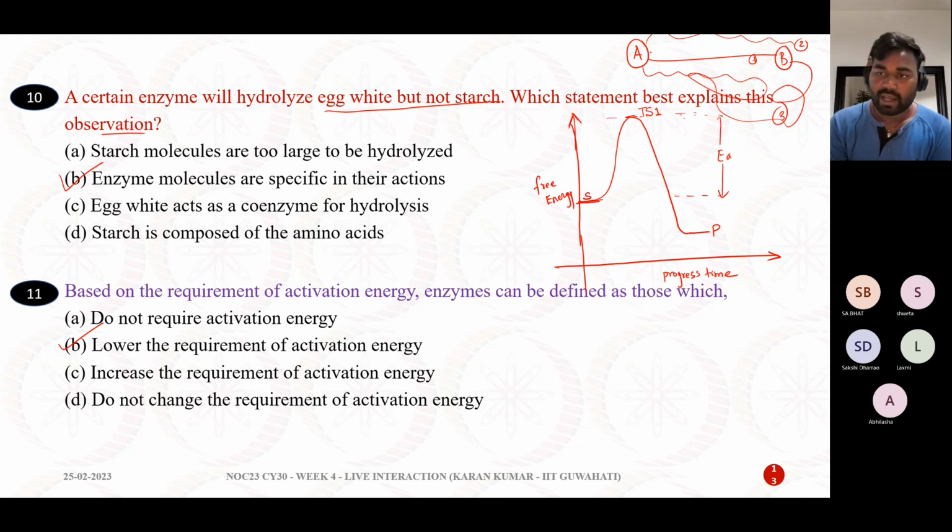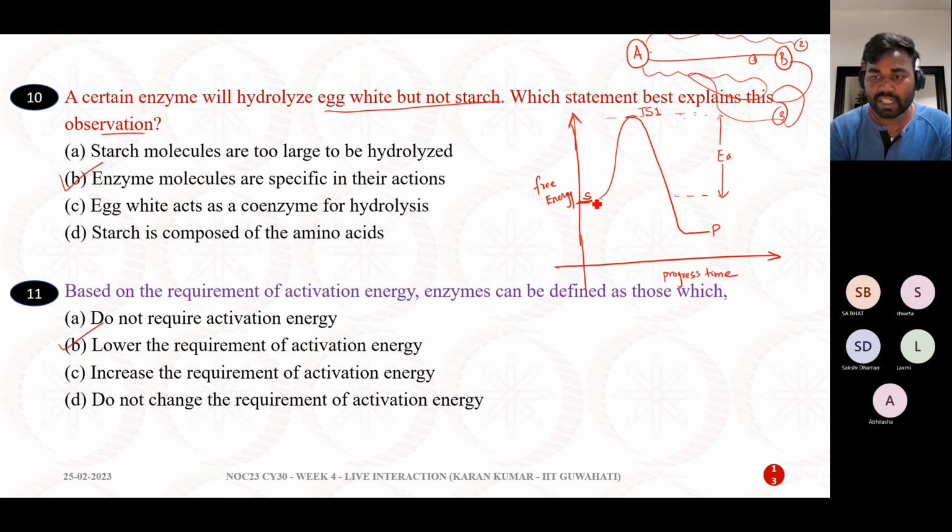Let us assume it has one transition state and goes to the product. Now what will the enzyme do? The enzyme will not change the substrate or the product; it will give the product and substrate as usual, as it was giving without the enzyme.